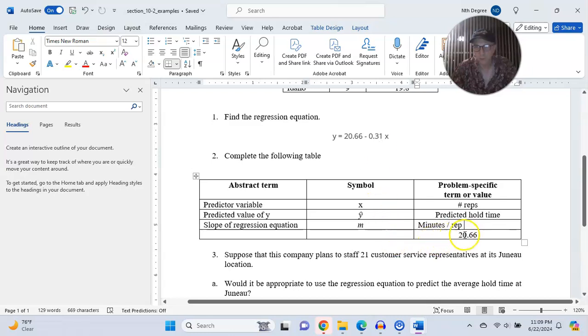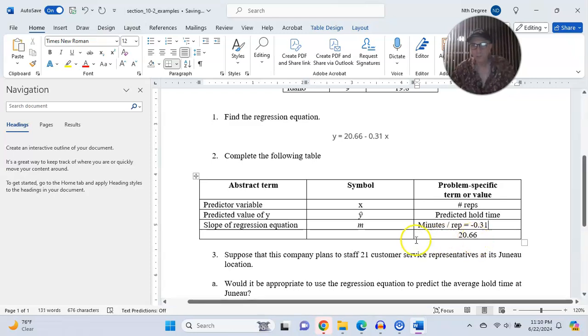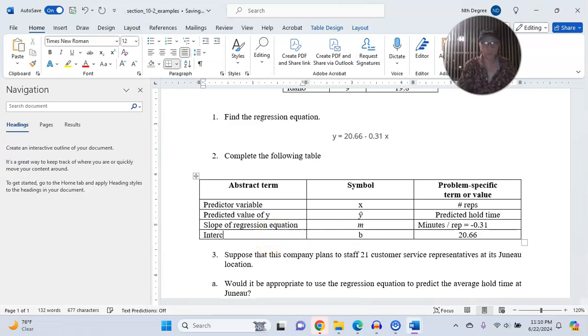And then the number 20.66, oh yeah, that number here was negative 0.31. The number 20.66 represents our symbol of, I guess we could call it B, which is the intercept or starting point.